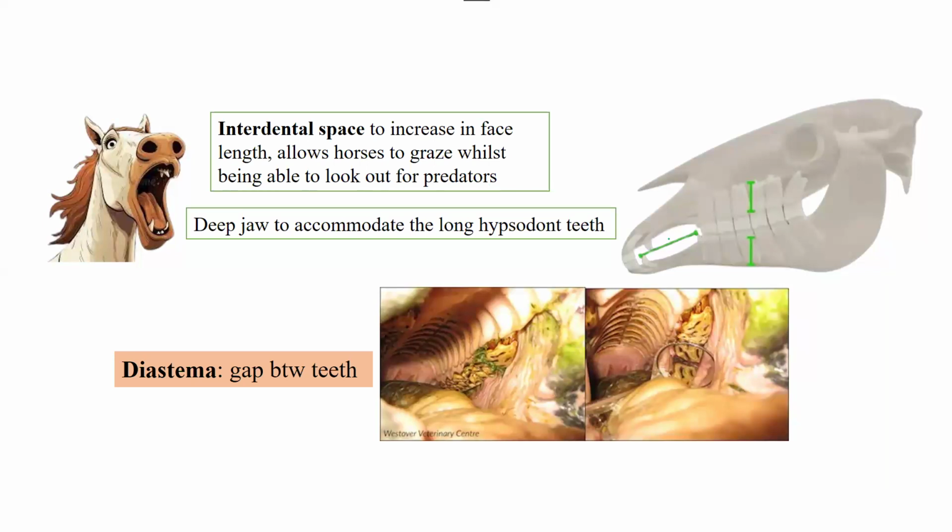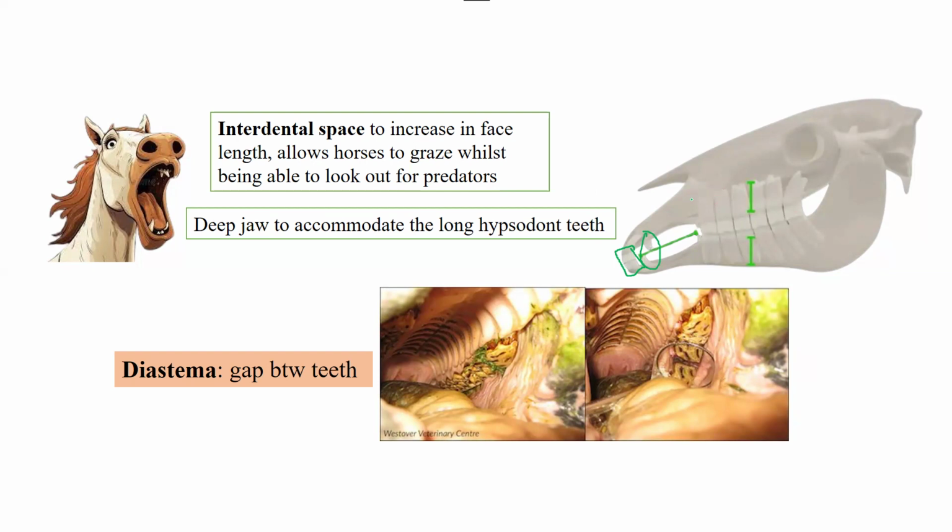You can see the skeleton. What we have over here are incisors. Next, this is the canine, and we know that horses are sexually dimorphic as far as canine teeth are concerned. They are present in male horses but not in female horses.